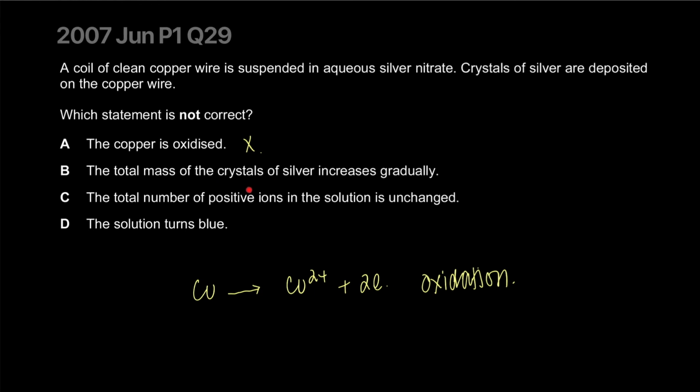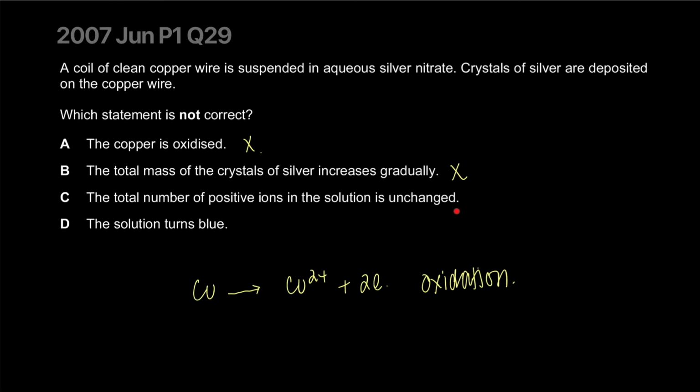The total mass of the crystals of silver increases gradually. Well, over time it's going to increase, right? So yeah, that's not our answer. It is correct, and we're just looking for the incorrect statement. The total number of positive ions in the solution is unchanged.